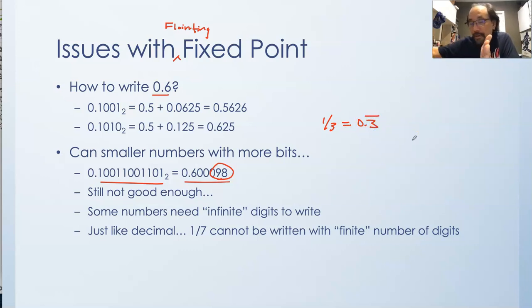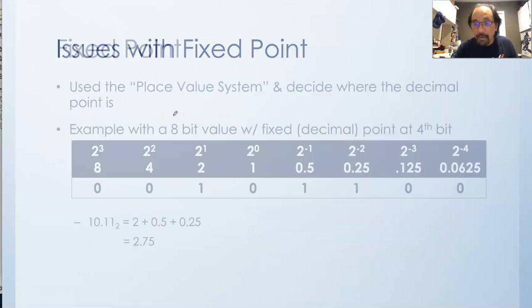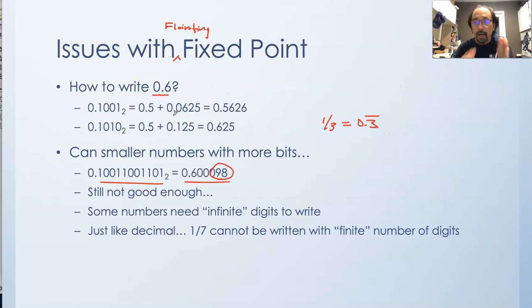It goes on forever and ever, and I need an infinite number of digits to represent the value 1/3. Same thing with binary. There are certain values, actually many values, that require an infinite number of bits to represent. So there's always going to be a precision error, a precision issue with real numbers.